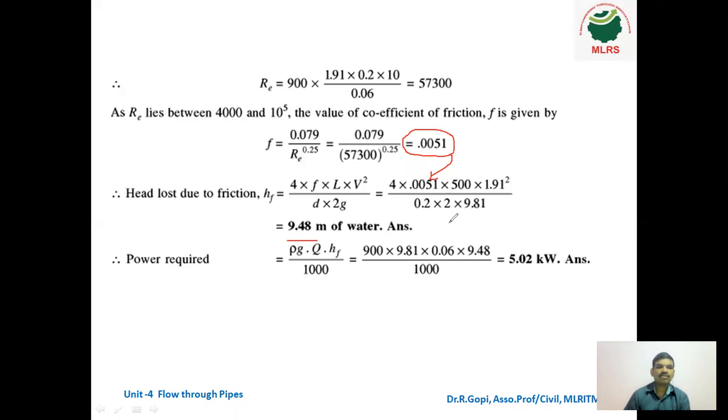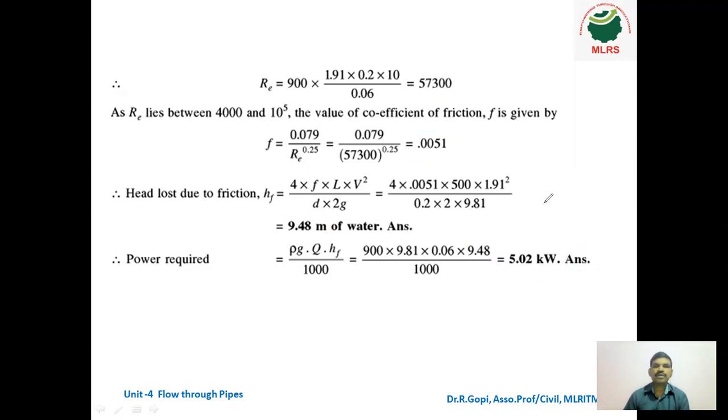Therefore, power required is rho g Q hf divided by 1000. Rho is 900, g is 9.81, discharge Q is 0.06, also given in the question, and hf is 9.48, divided by 1000. So 5.02 kilowatts. This is the answer for the problem.